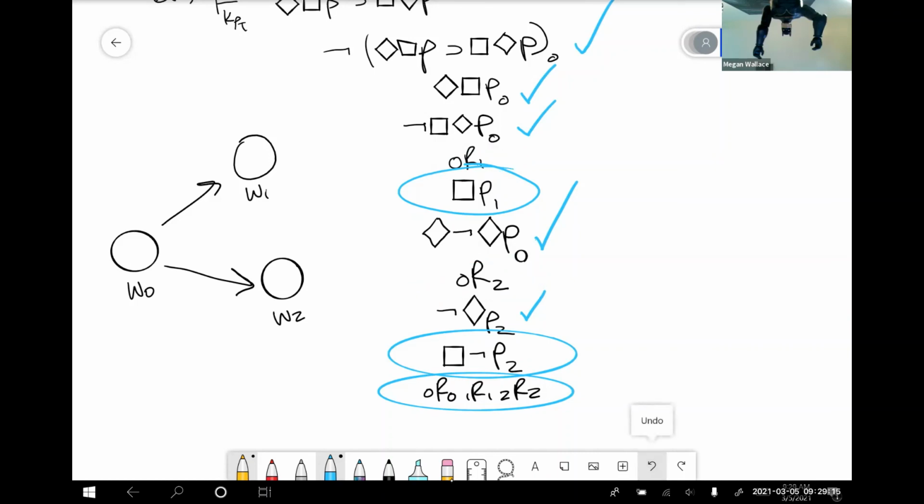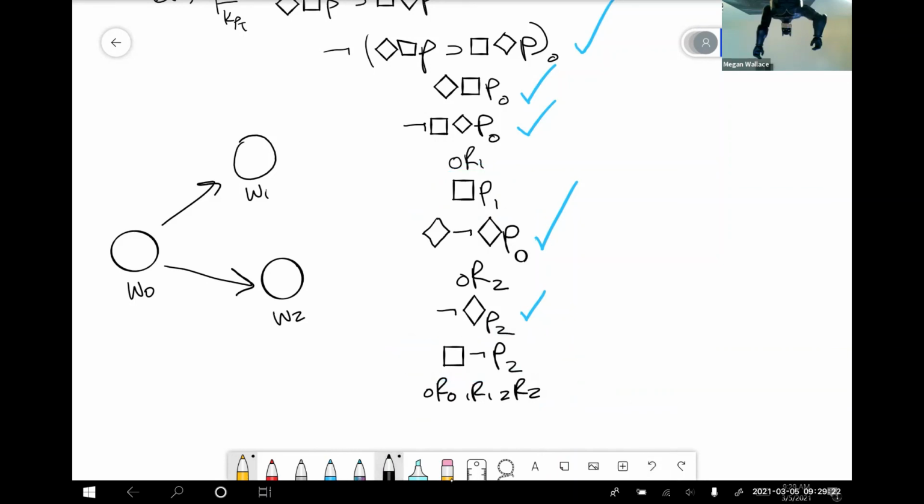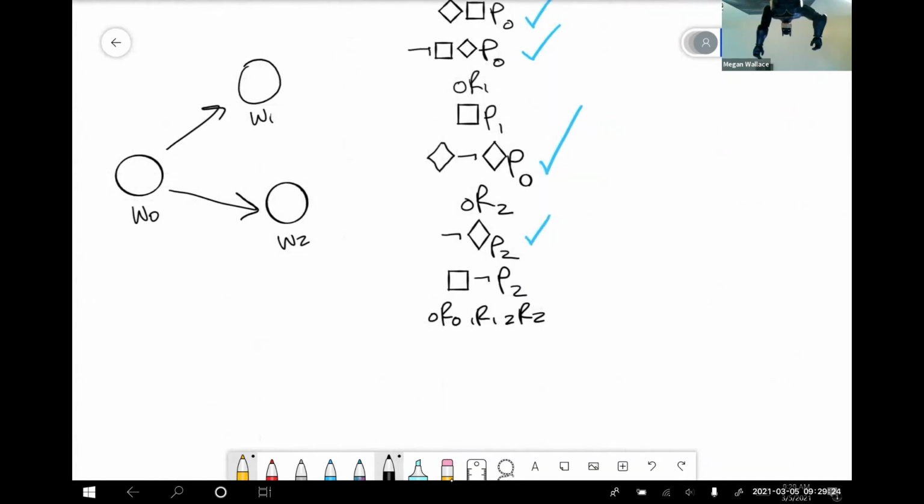So if you look at those box claims and you look at the relations, in particular the reflexive relations, what you get is that for the box P at 1, you get that P is true at 1, and for the box not P at 2, you get that not P at 2.